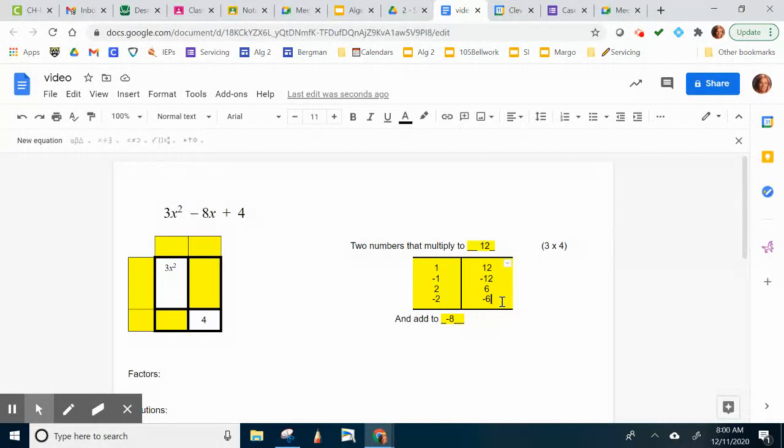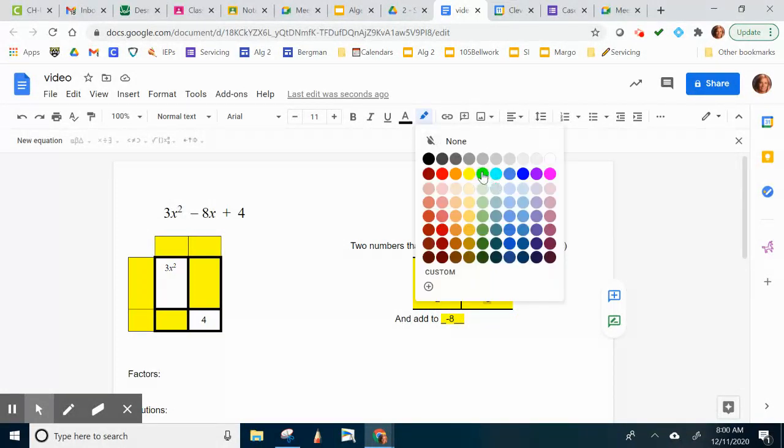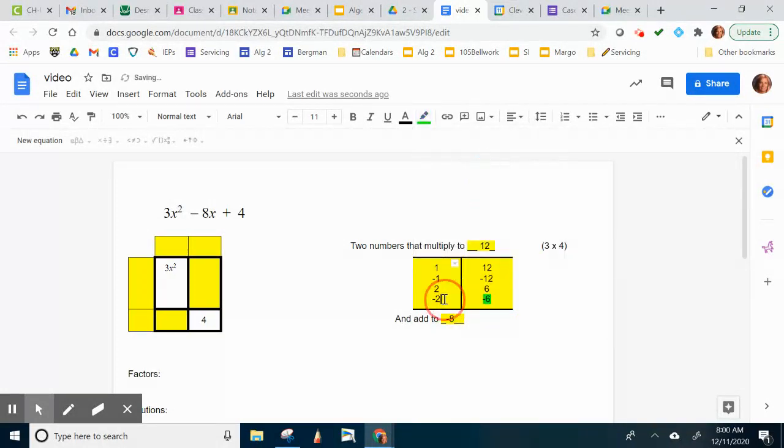So these are my numbers. This pair is my number, and I'm going to highlight them a different color just to point out that this is the pair of factors I need. They meet the criteria of multiplying to +12 and adding to -8.